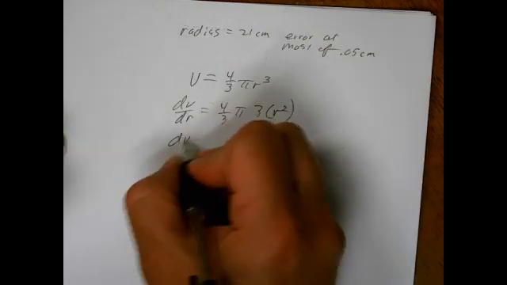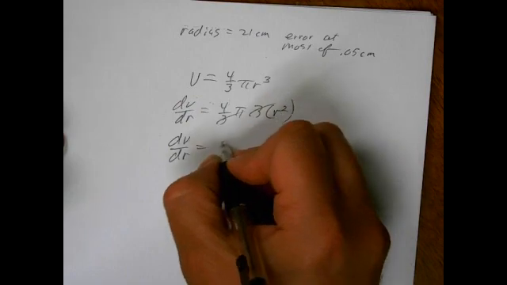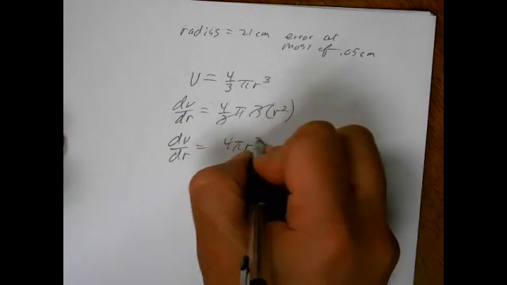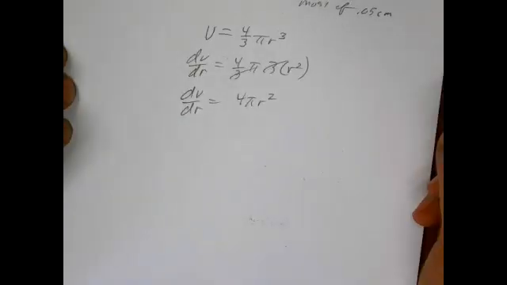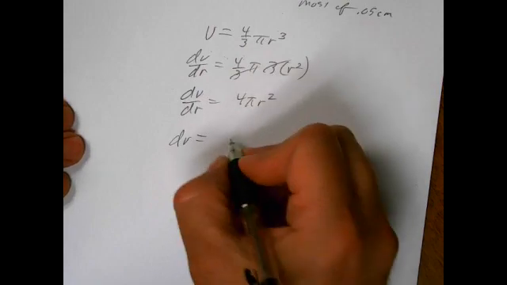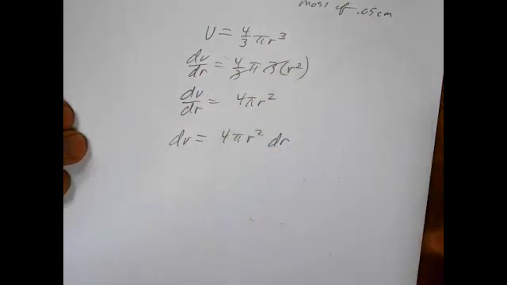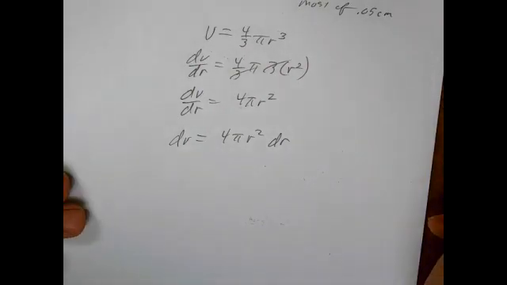Clean it up a little bit. The 3's cancel, and it's 4 pi r squared. That's your dV/dr. That means the deviation in volume is equal to 4 times pi times radius squared times any deviations or errors in radius.